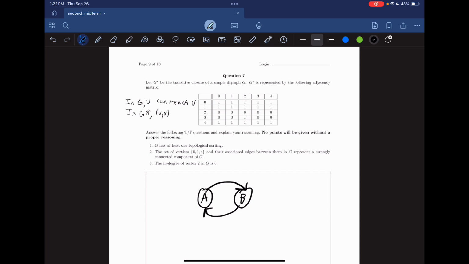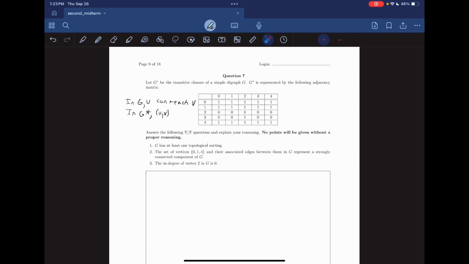And so if you ever have a cycle in a graph, like in this case in graph G, then you cannot have a topological sorting for that graph. So in other words, can we show that there is a cycle in graph G? And I believe we can.